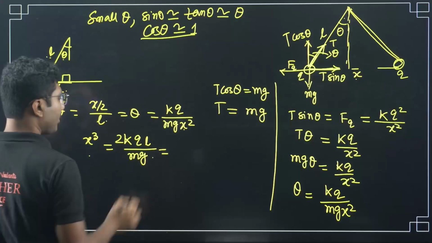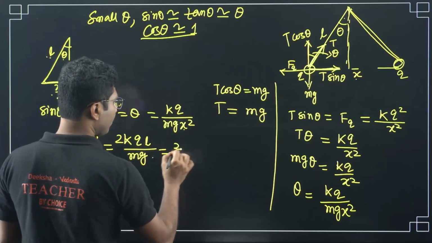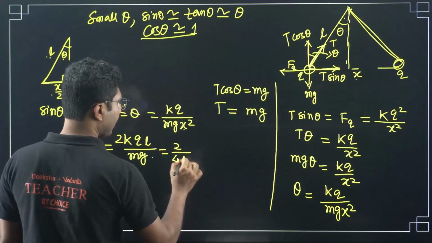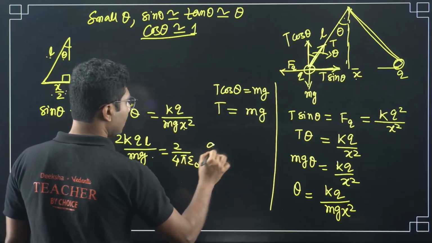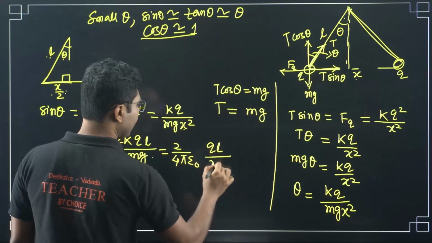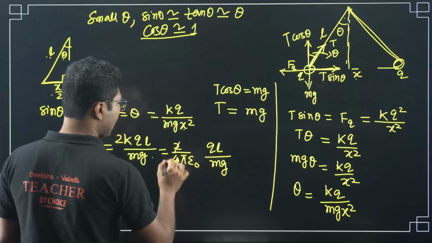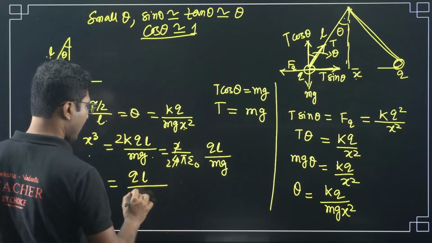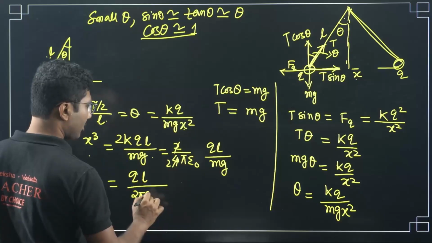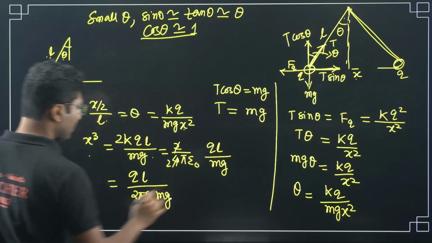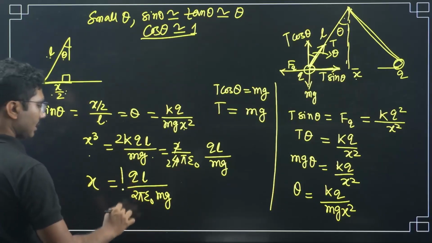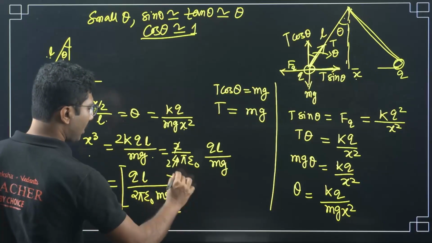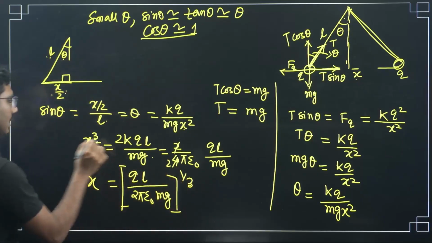Now you have to put the value of k. So 2 by 4 pi epsilon naught qL by mg. So they will cancel and we get this as qL divided by 2 pi epsilon naught mg. So x value will be this thing to the power 1/3, because here we had x cube.